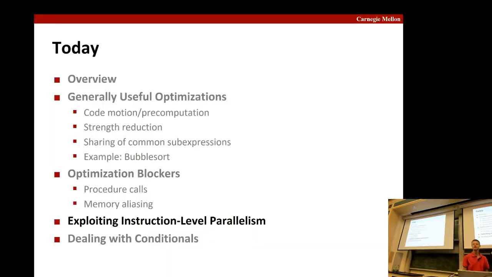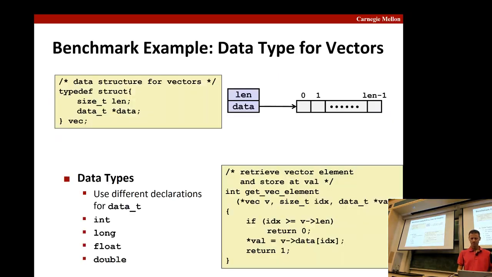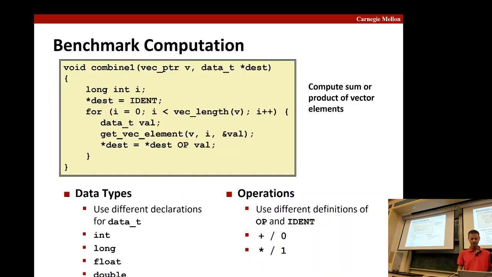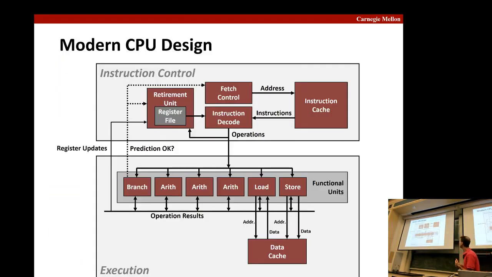Okay, so let's talk about instruction level parallelism. This is the modern CPU design under the covers. You've got a cache holding recent instructions and speculating a little bit to fetch more instructions.